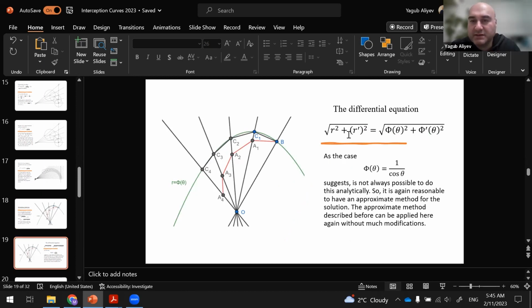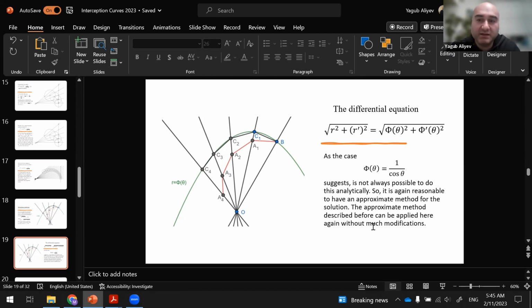Again, the differential equation involved in this change is this. The given function R and the new function, the red one, will be the two solutions of this nonlinear differential equation. R is the unknown function, phi is the given function. As the case phi(theta) equals 1 over cosine theta before suggests, it is not always possible to find the solution analytically.